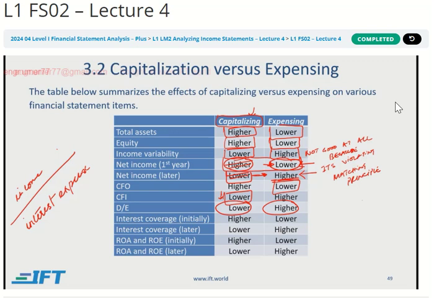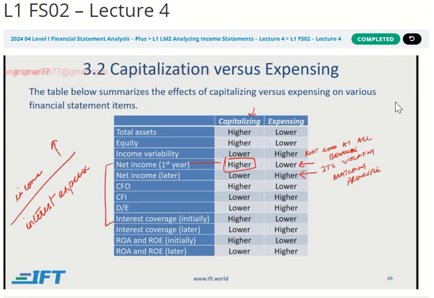Now, generally, what will happen is that if you are capitalizing, your profit for the first year will be higher, because depreciation expense will be lower, then your numerator will be bigger, and if your numerator is bigger, then your interest coverage ratio will also be higher.